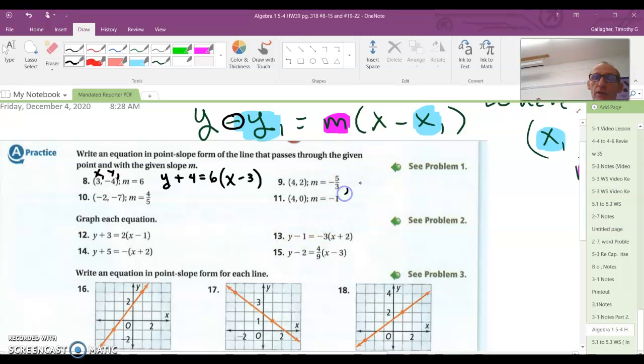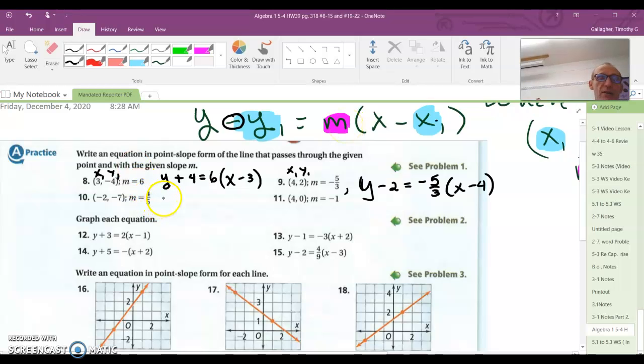Number 9 is y minus 2 is equal to, 4 is x1 and 2 is y1, y minus 2 is equal to negative 5/3 times x minus 4. It's a pretty straightforward substituting x1, y1 and the slope.